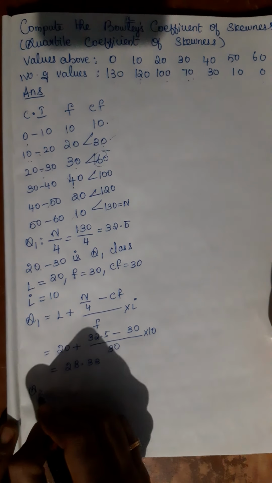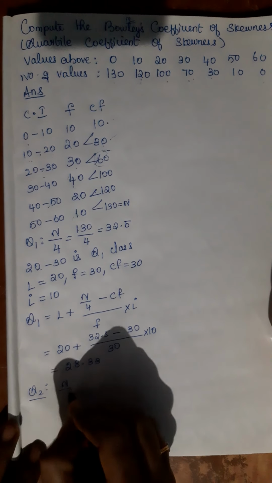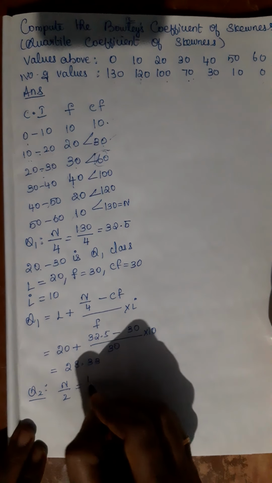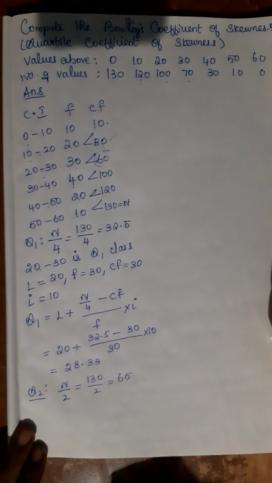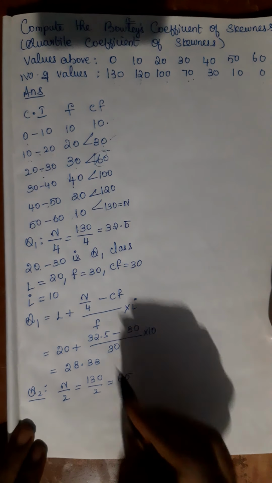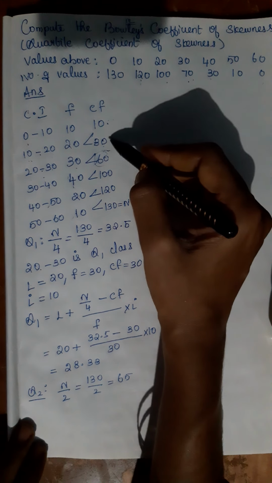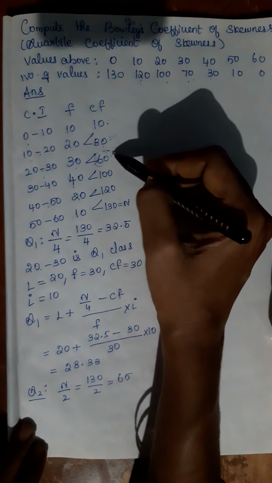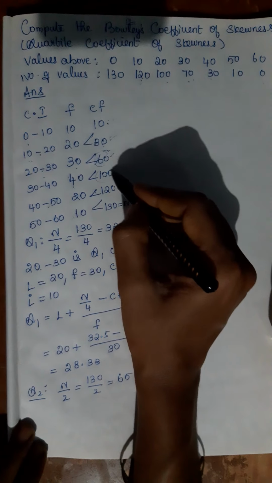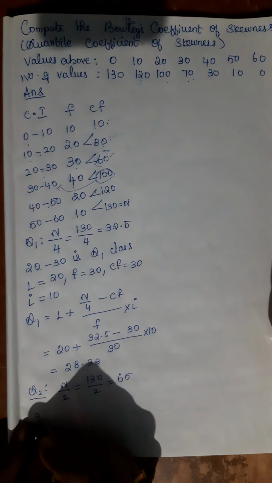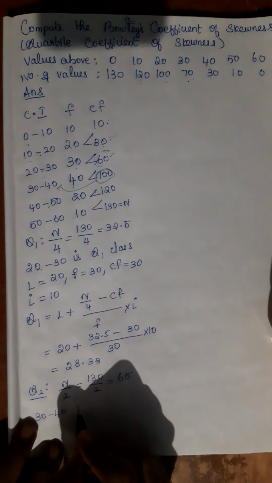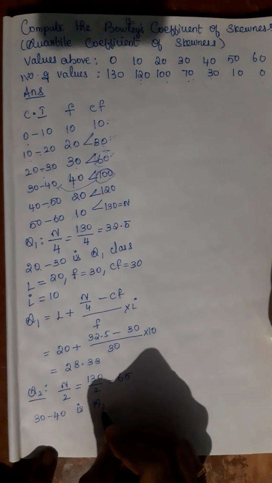To compute Q2, find n by 2, which is 130 by 2, that is 65. In the CF column, leave all values which are less than 65. Consider that value which is greater than 65. So the corresponding class, 30 to 40, is the Q2 class.